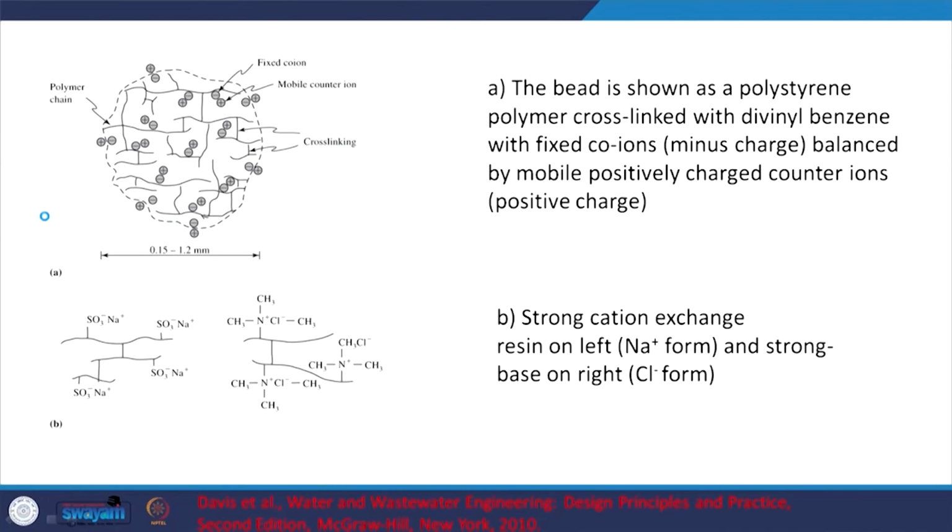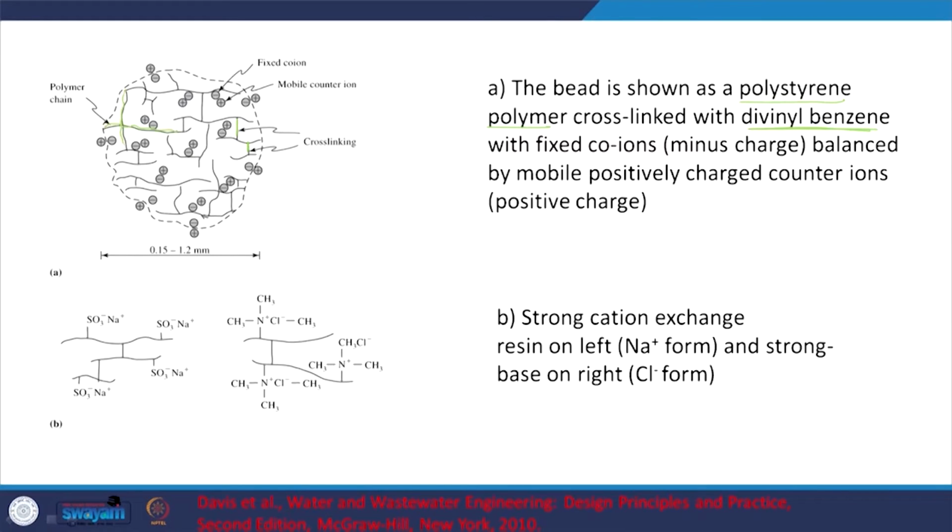Let us move on. We looked at this, but let me just summarize again. The bead here is polystyrene polymer cross-linked with divinyl benzene. This is what we looked at earlier. So, we have cross-linking here. The cross-linking is due to divinyl benzene, the structure of which we looked at earlier, and here we have polystyrene polymer chains.